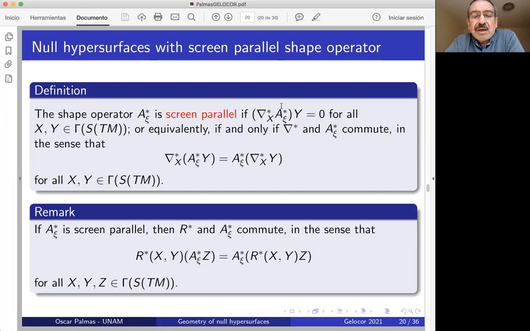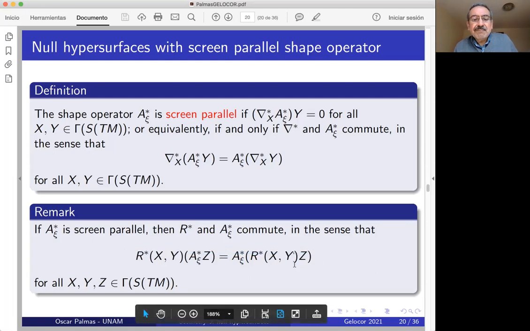This can be seen in the sense that nabla star and the shape operator xi star commute in this way. In particular, this will imply that the curvature tensor of the screen distribution and this shape operator commute in this way here.